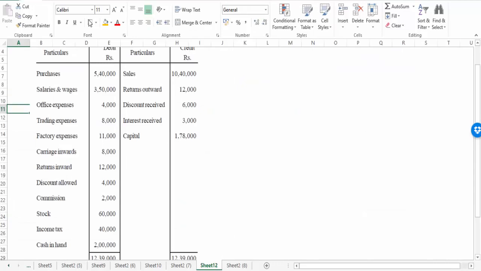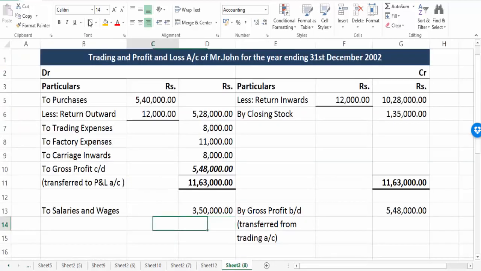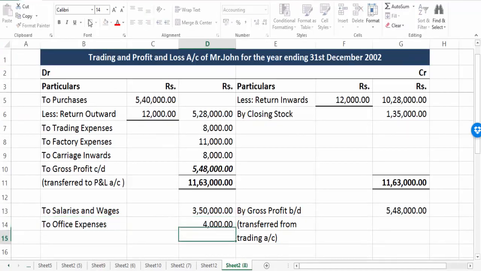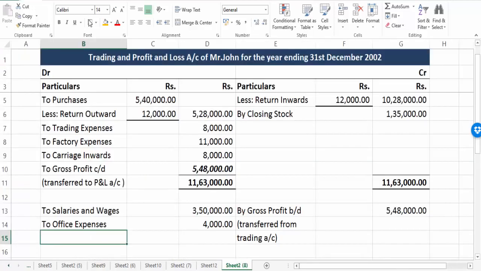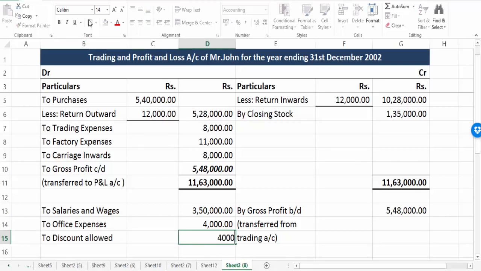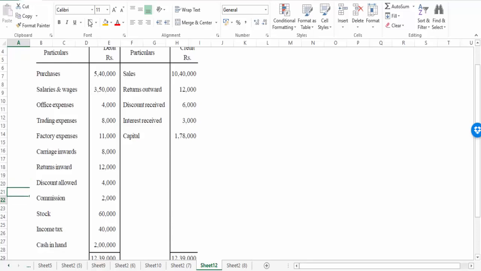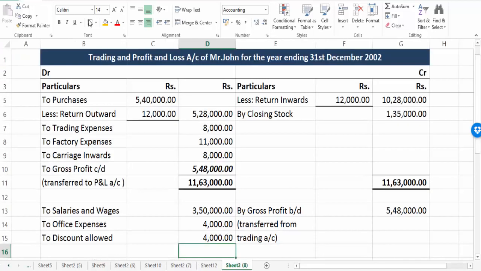Then we have office expenses 4,000. To office expenses, it's 4,000. Then we have trading expenses covered, factory covered, carriage inwards, returns, everything covered.